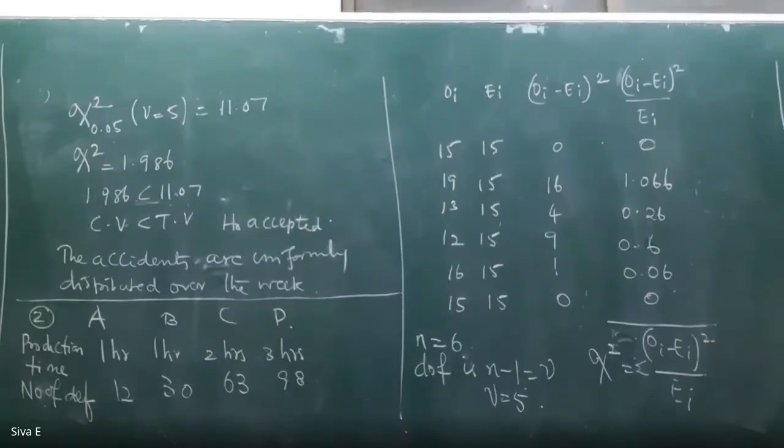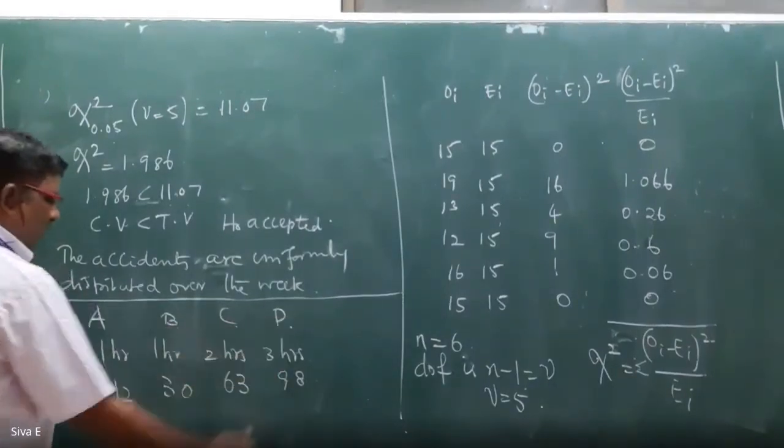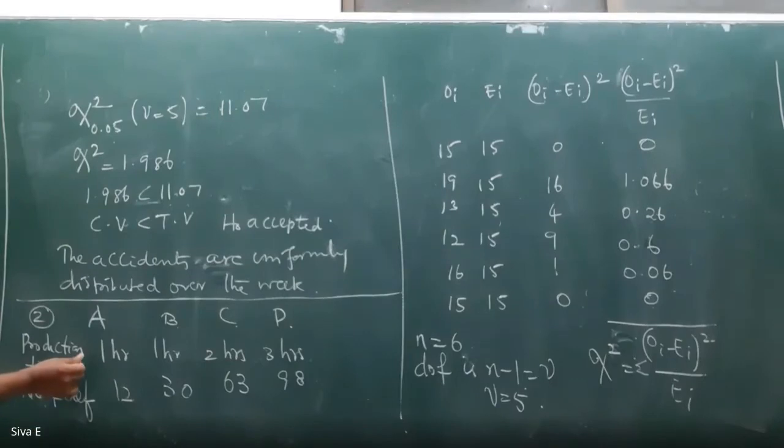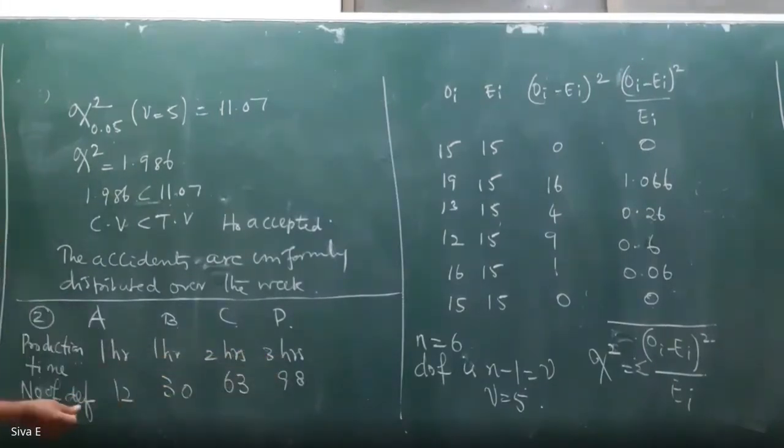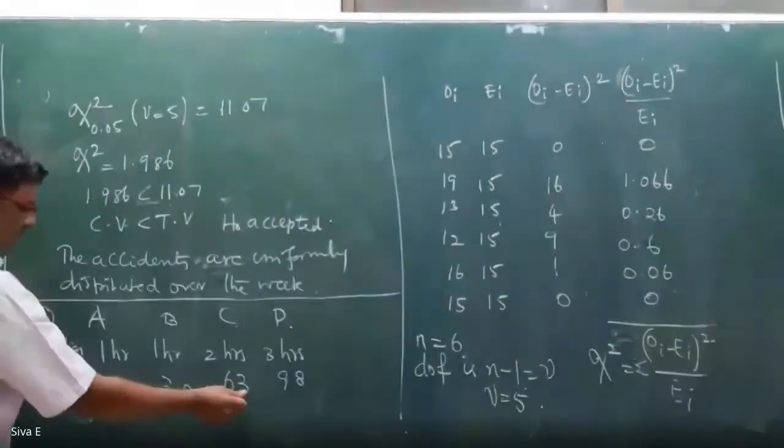Machines are A, B, C, D, 4 machines. Duration of the production is 1 hour, 1 hour, 2 hours, 3 hours. Defectives per machine 12, 30, 63, 98.